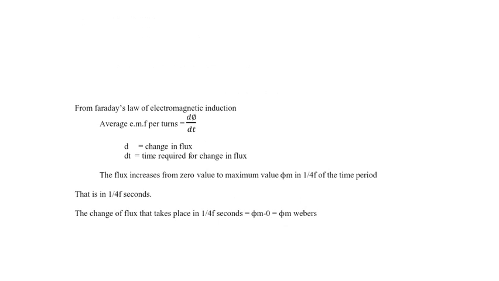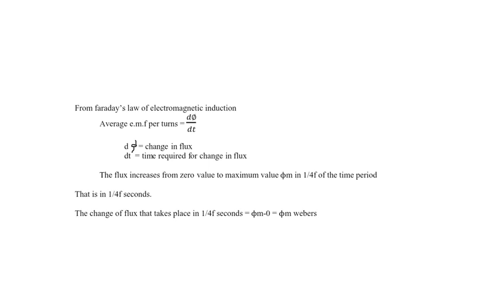From Faraday's law of electromagnetic induction, the average EMF per turn can be written as dφ over dt, where dφ is the change in flux and dt is the time required for the change in flux.